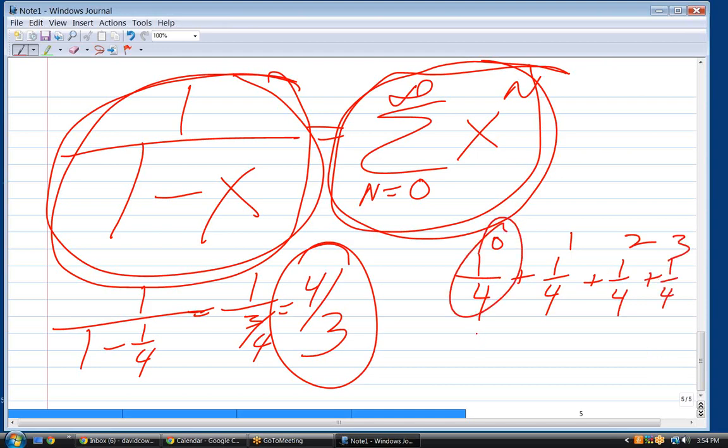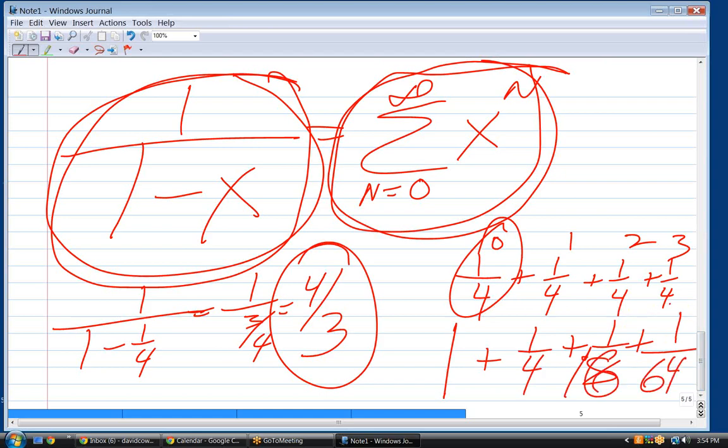Well, that's 1. So you have 1 plus 1/4 plus 1/8 plus 1/16 plus 1/64. You can see that this series here is honing in on that value 4/3.